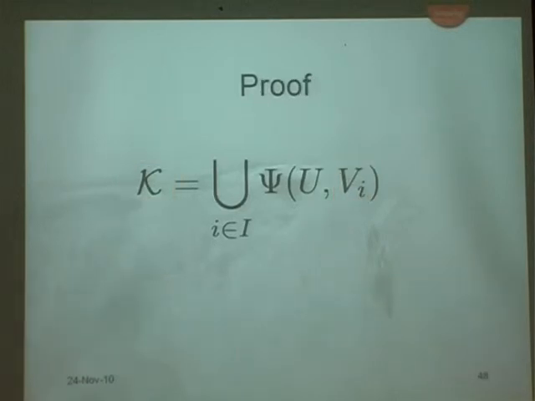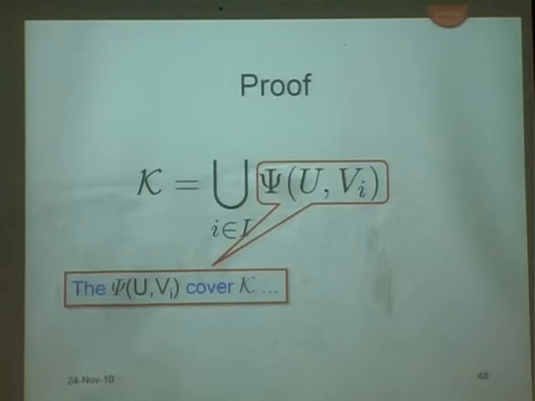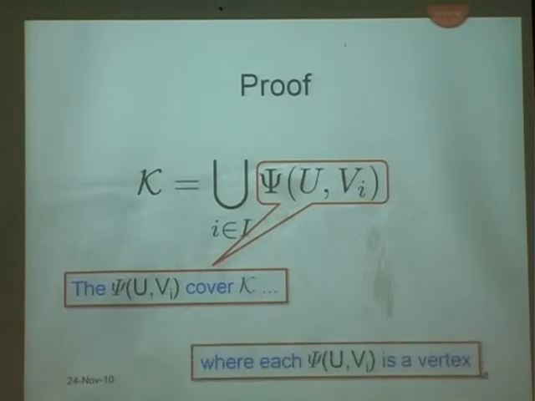So how do we know this is true? Well, K is covered by each of these individual pseudospheres, because it's defined to be the union, so they cover it. And if you look at the definition of nerve, each pseudosphere here is a vertex of the nerve.